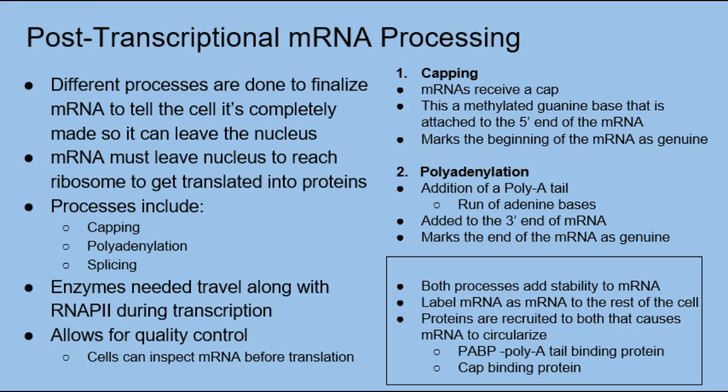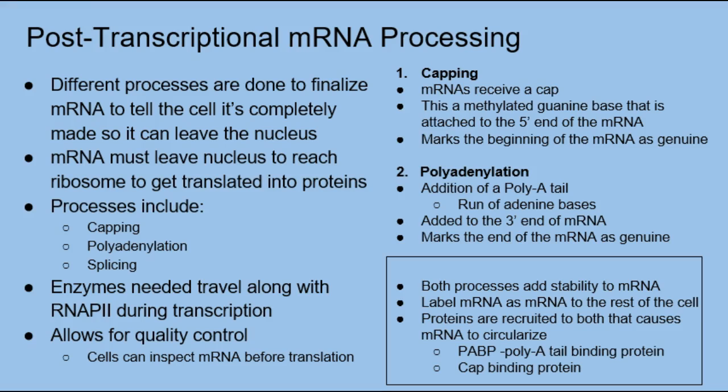Enzymes that are needed travel along with RNA polymerase during transcription. Post-transcriptional mRNA processing allows for quality control because this way the cells can inspect the mRNA for each of these different targets before it is translated outside of the nucleus.